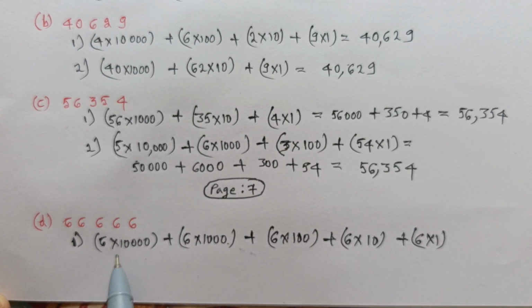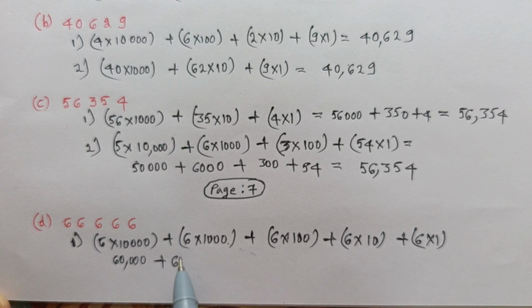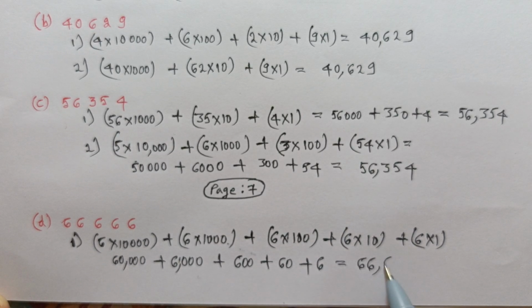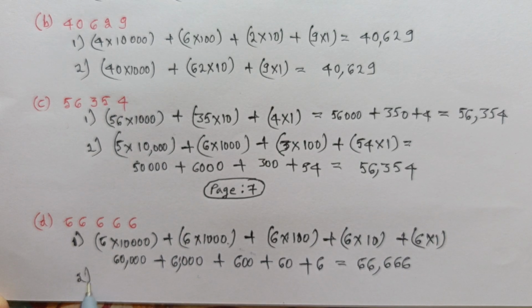So it will give you 60,000 plus 6 into 1000 is 6,000, 6 into 100 is 600, plus 6 into 10 is 60, plus 6 into 1 is 6. So if you add all these, we will get 66,666. Another way also there.